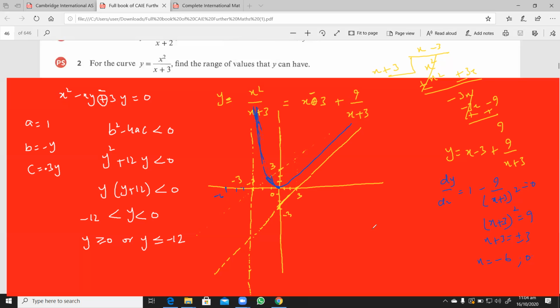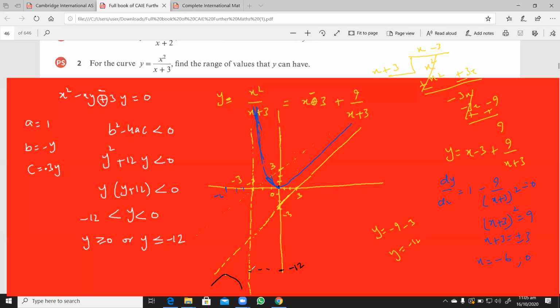So y is equal to minus 9 and plus, this is minus 3. So y is minus 12. We shall have that turning point somewhere over here. And the curve would be coming from infinity here and then going downwards like this. So here you have your minus 12, and this is your 0 over here.